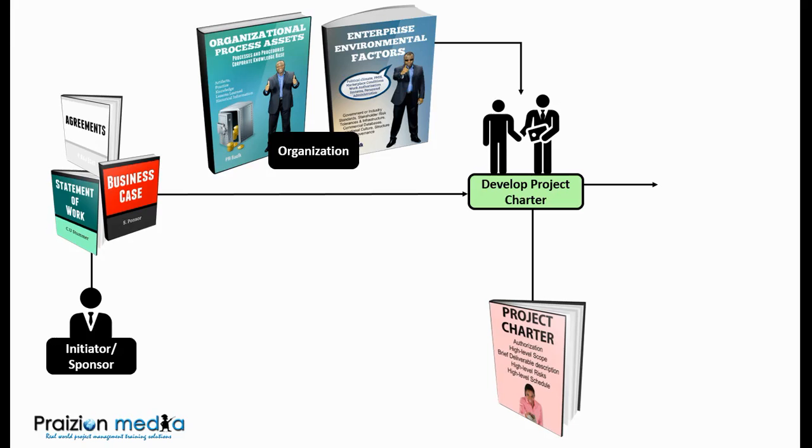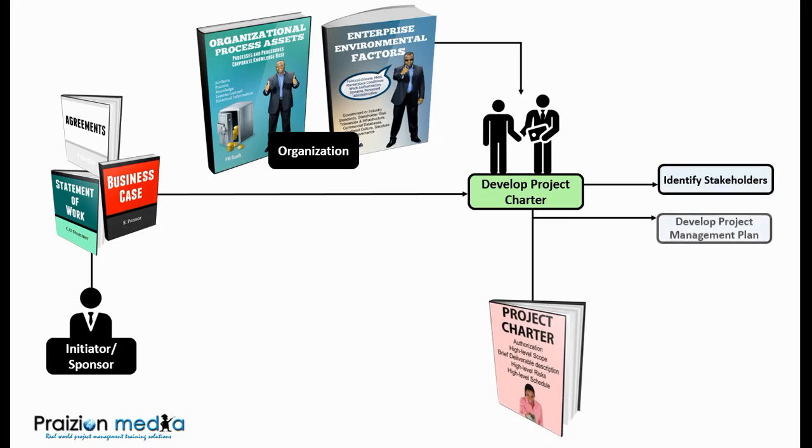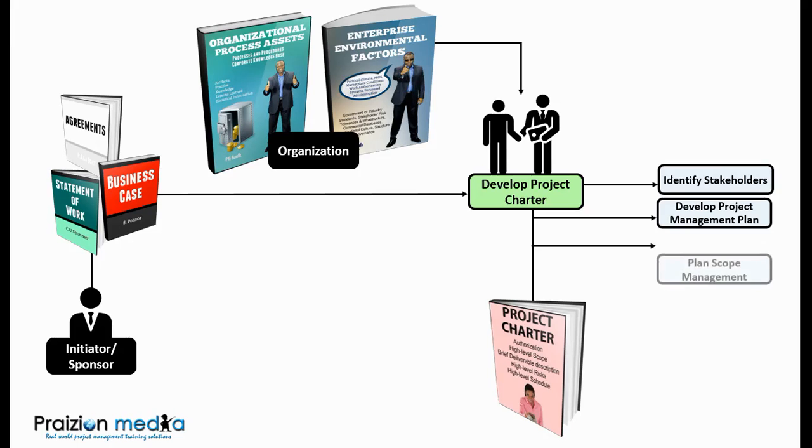Now, let's talk about where the project charter actually goes. The project charter, once it is developed, will become an input to the identify stakeholders process. I talked about that in the previous video. The project charter will also become an input to the develop project management plan process. The project charter will also be an input to, I call them the terrible three.